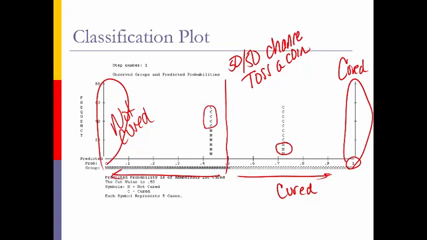So those 2 that are circled are our mispredictions. And it looks like the model for the not cured on this side is nearly not as good as the model that we have for the cured piece. So we're able to predict the cured cases fairly well, but we're not able to predict the not cured pieces.